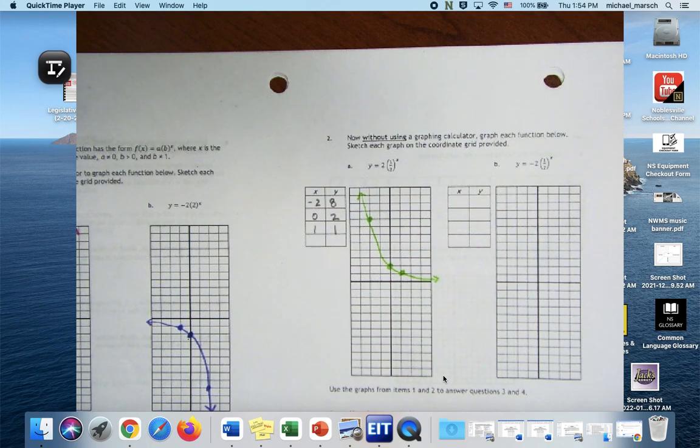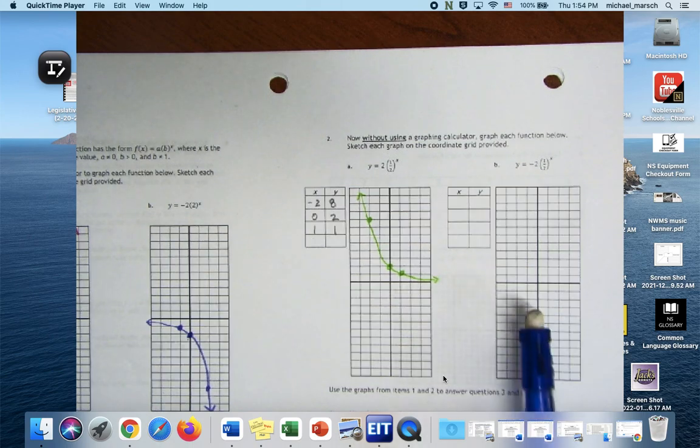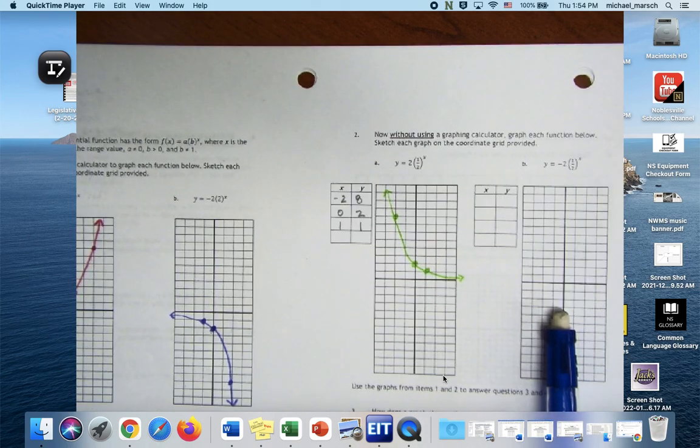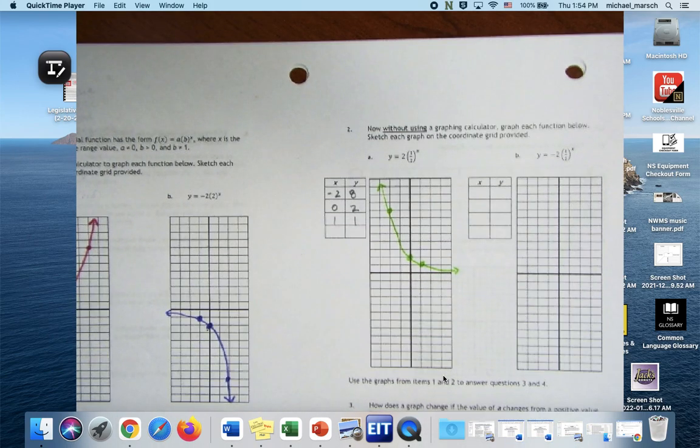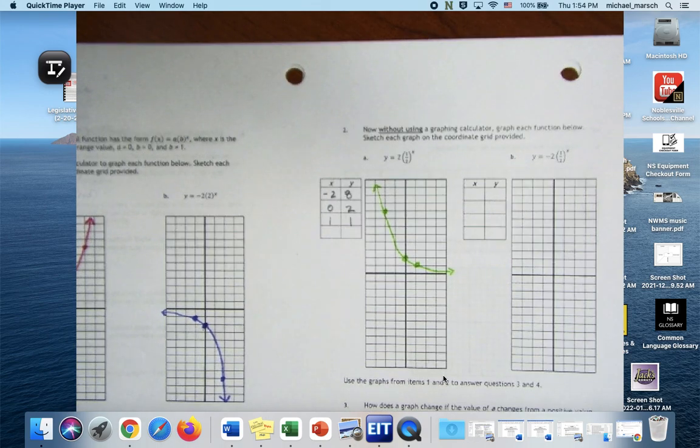So who wants to make a prediction what will happen on the next graph? How do you think it will look? What do you think, Landon? The opposite direction. Maybe like a reflection of the green one? Yeah. Yeah, kind of like how the red and blue were reflections? Okay, so let's try it. Let's go back to our graphing calculator.